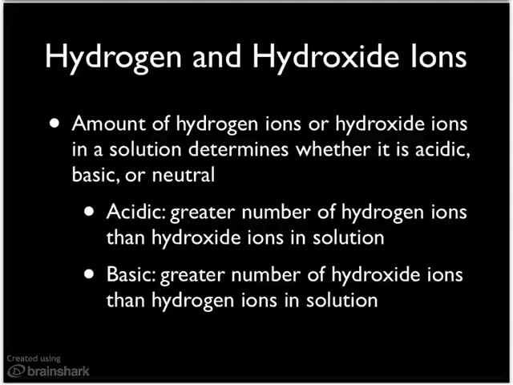The amount of those ions will determine whether a solution is acidic, basic, or neutral, depending on how much you have of each one. A solution will be acidic if you have a greater number of hydrogen ions than hydroxide ions, so the H+ concentration is higher than the OH-, and you'll have a solution that's basic if you have more OH- ions than H+ ions.